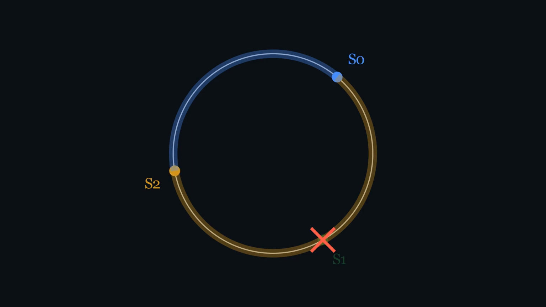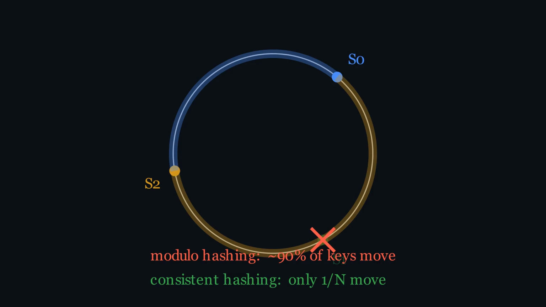Untouched. Keys on server 2? Also untouched. Instead of 90% of keys moving, only 1 over n of them move, and they all move to a single, predictable place.